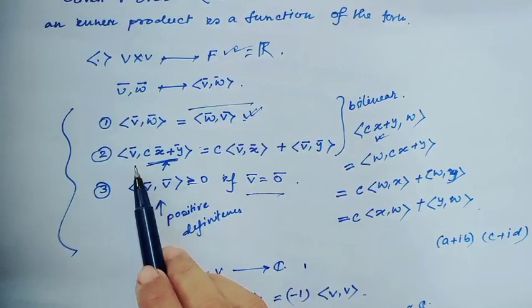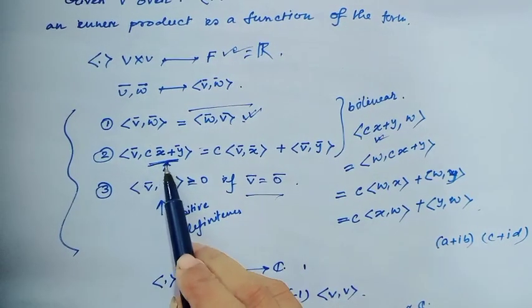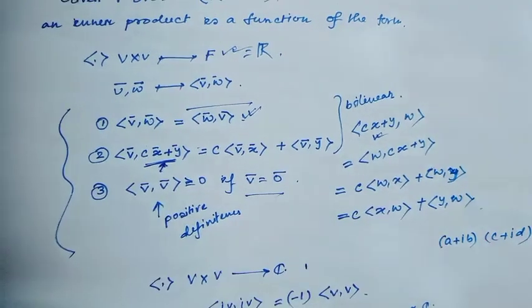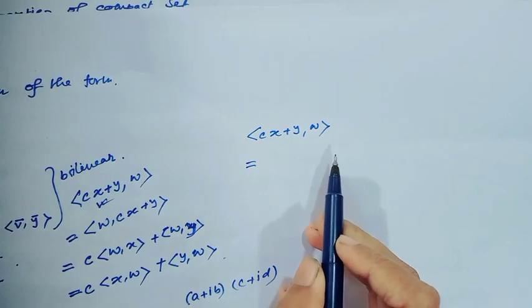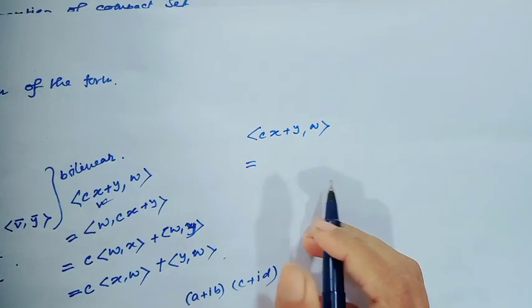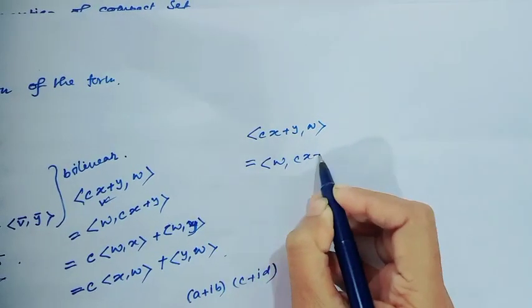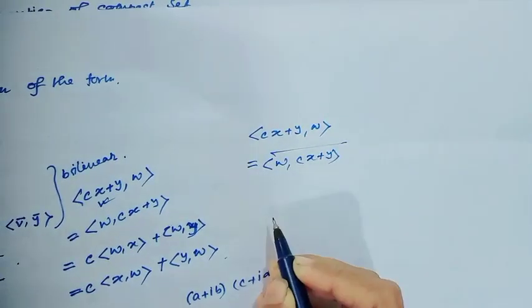Then, here it is linear in the second term. If we consider linear in the first term, then this would be inner product ⟨cx + y, w⟩. Obviously this is equal to the conjugate of ⟨w, cx + y⟩.